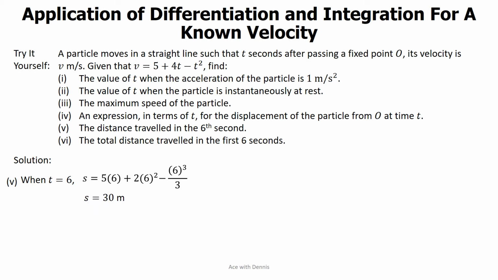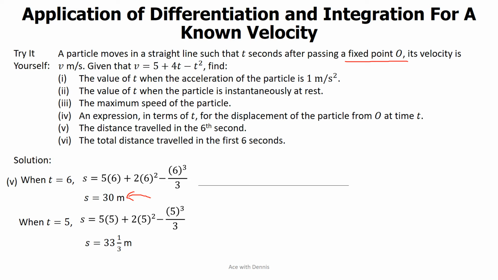So this shows the position of the particle, which is 30 meters away from the fixed position O. When t equals 5, the displacement is 5 times 5 plus 2 times 5 squared minus 5 cubed over 3, which gives us 33 and 1/3 meters, which shows the position of the particle from the fixed point O.